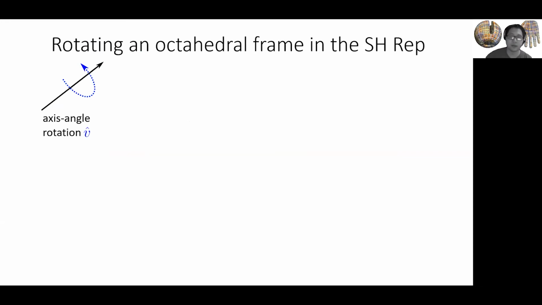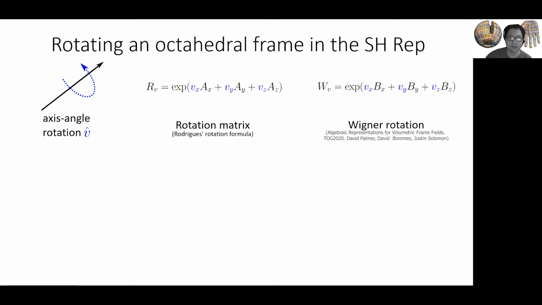So let's say you have an axis angle rotation v. The way you would compute the rotation matrix form of it is to use this equation, which is exactly equivalent to the more familiar Rodrigues rotation formula. So that's how you would rotate things in 3D. The way you rotate spherical functions is via basically the same exact equation, except now you can call it a Wigner rotation matrix.